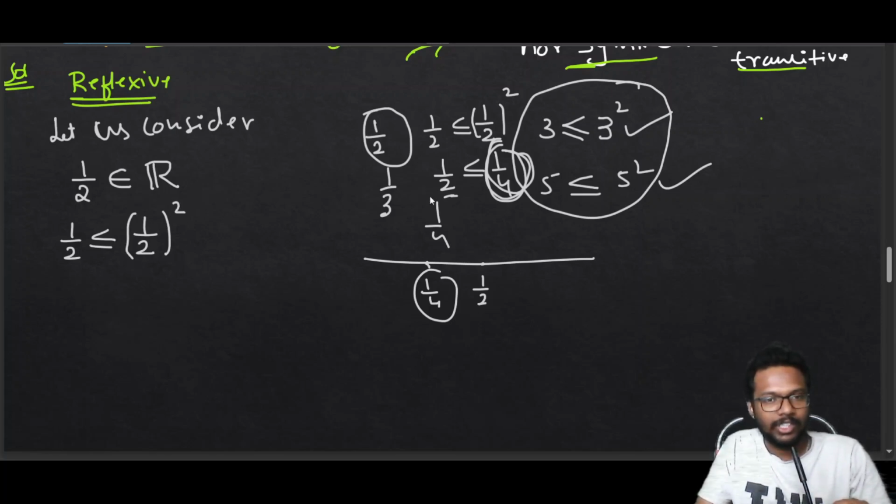Definitely it is not satisfying, because 1 by 2 squared gives 1 by 4, and 1 by 4 will always be less than 1 by 2, so this is not true.